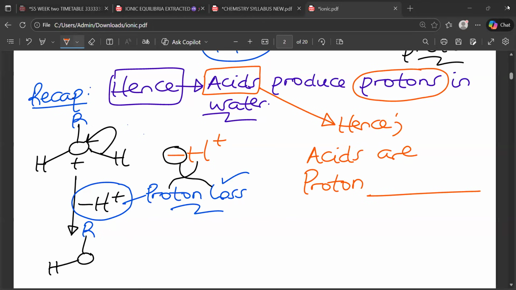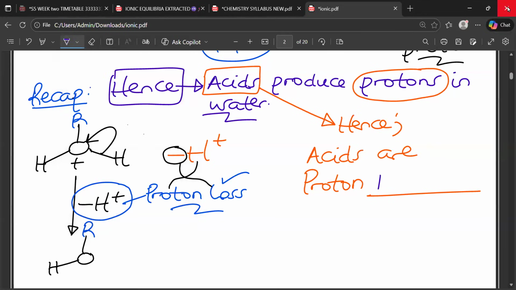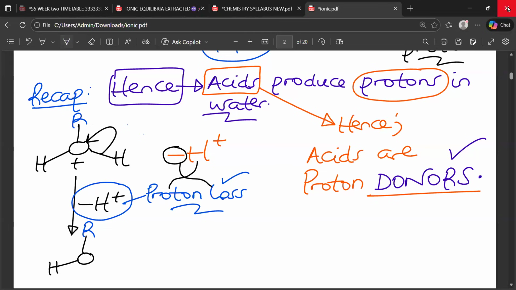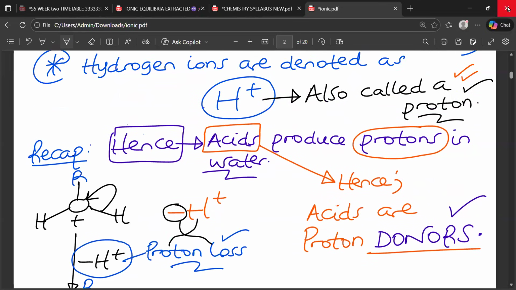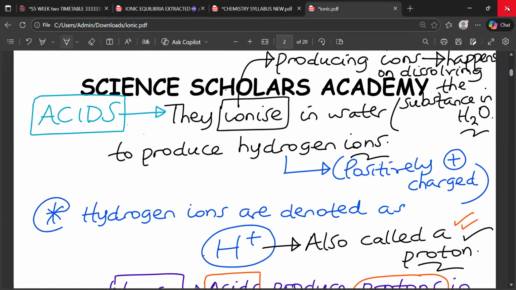People have a very wrong spelling, which is bad. They are ionizing and giving us protons in solution, so they are donating the protons. So they are called proton donors. That is the right spelling. We don't have an A anywhere. So you correct that. Those are the two things I wanted to tell you concerning the acids.